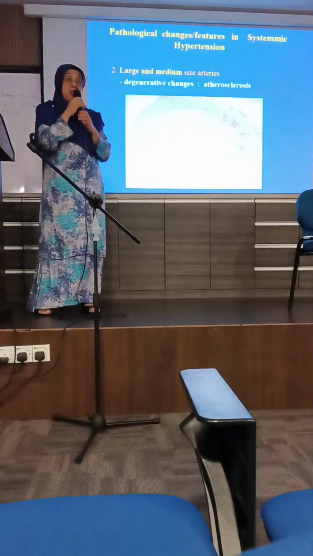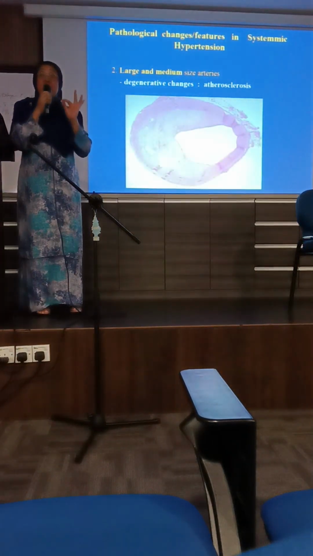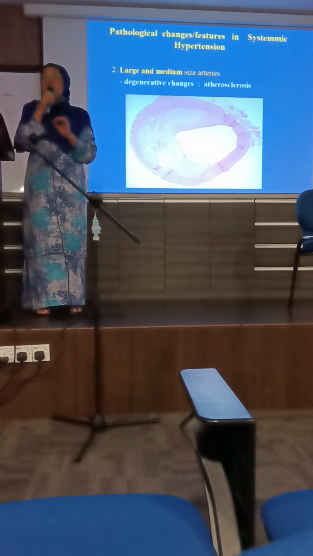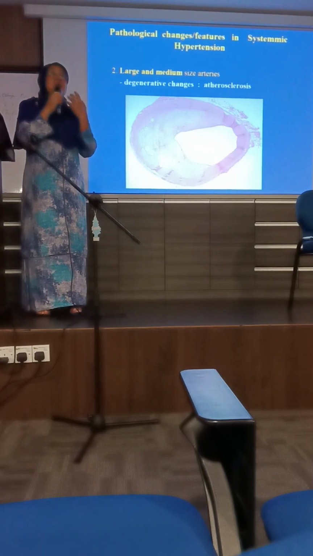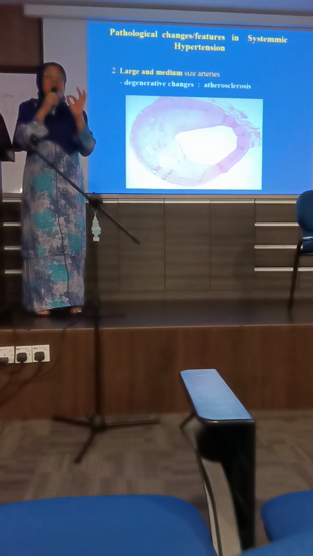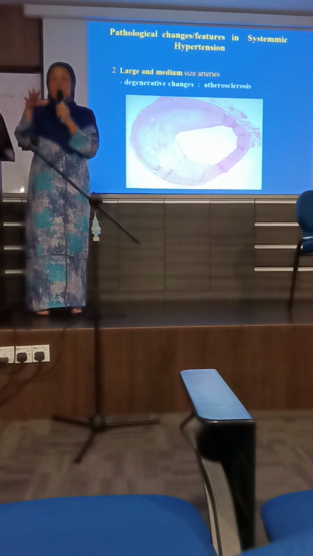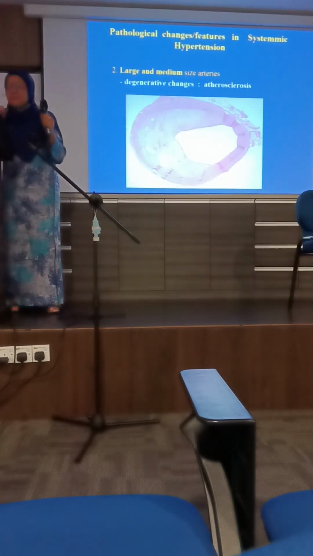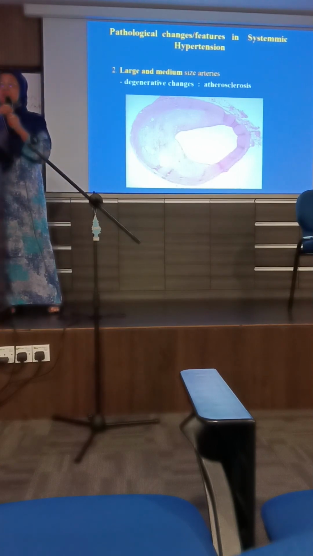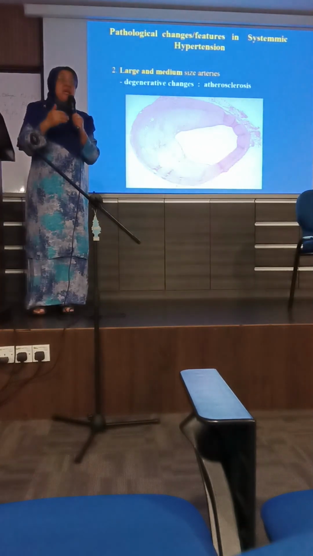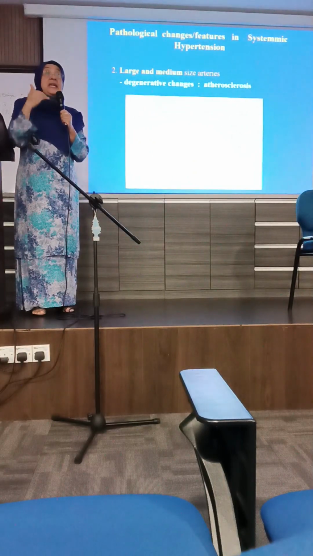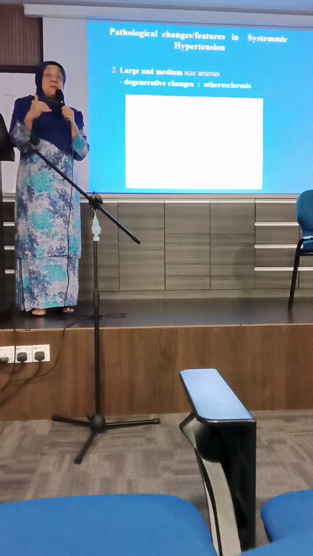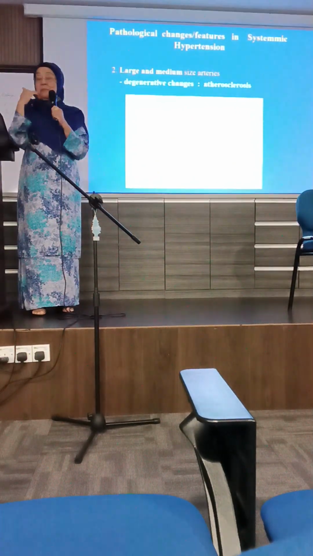But hypertension can also affect changes in the large blood vessels and the medium-sized blood vessels. Like you say, for example, aorta and the other medium-sized arteries. So what are the changes? Hypertension lead to degenerative changes in the large and medium-sized blood vessels.